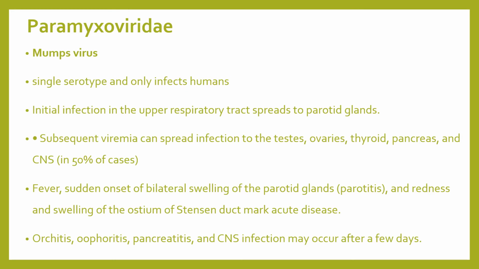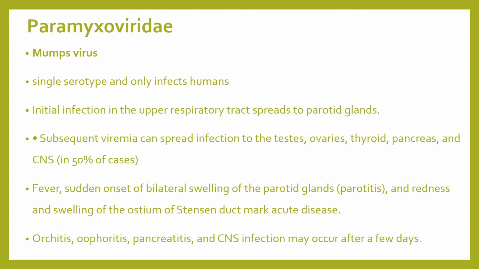The manifestation is sudden fever with sudden bilateral swelling of the parotid glands, with parotitis and redness and swelling of the ostium of Stensen's duct, which is located by the second molar. This is the opening for the parotid secretions, or saliva, from the parotid.